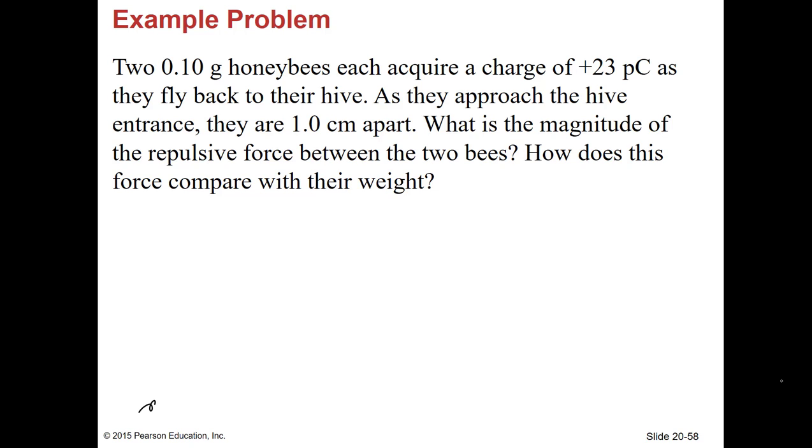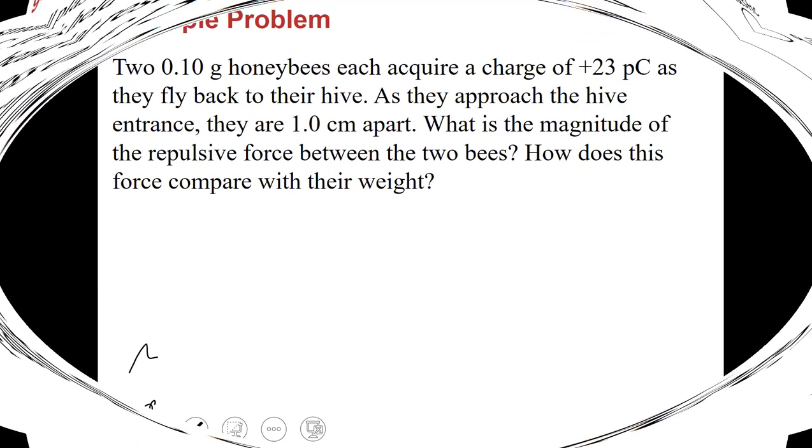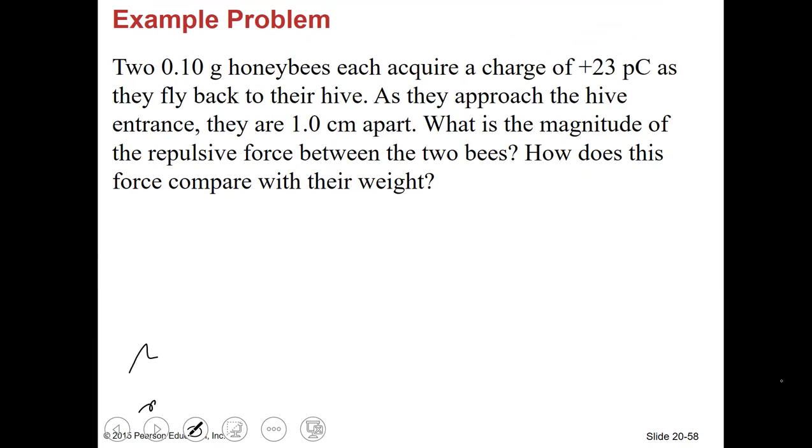Okay, so in Chapter 20, we've been using Coulomb's force law to figure out the force between charges. Here it's two honeybees that each have a charge of plus 23 picocoulomb, so they're like charges, so the force is repulsive. So we have F is equal to K Q1 Q2 divided by the distance between them squared.